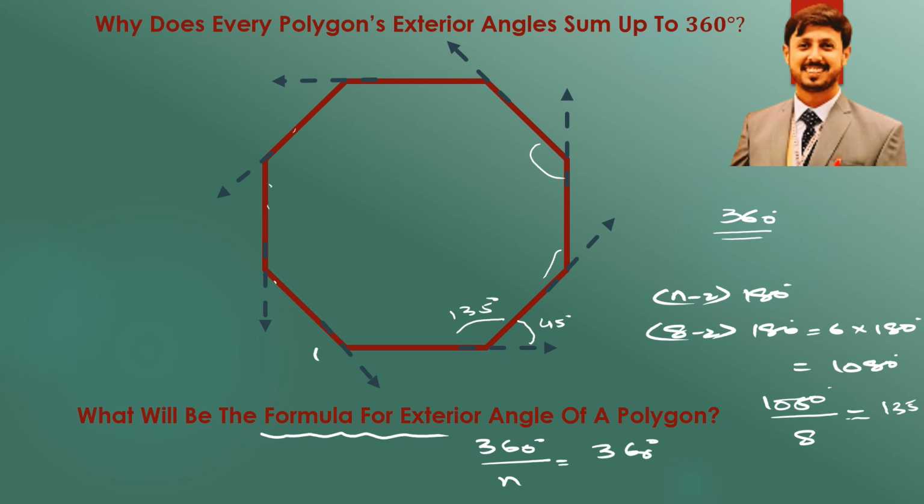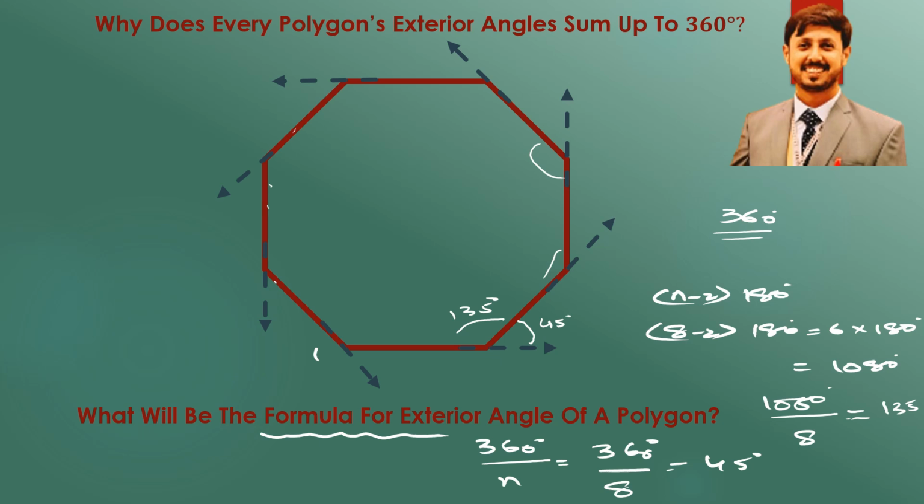So 360 degrees divided by 8 gives us 45 degrees. So that's the proof. This is the formula to find the exterior angle of any polygon: divide 360 degrees by the total number of sides of that polygon.